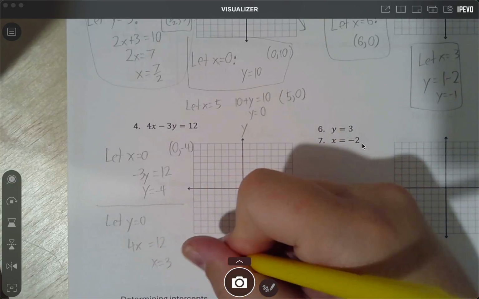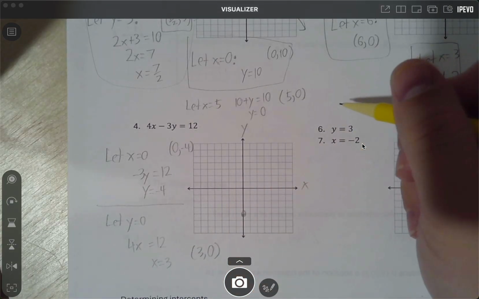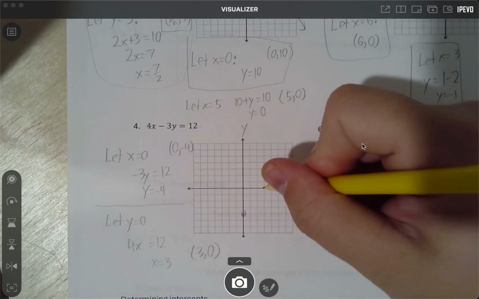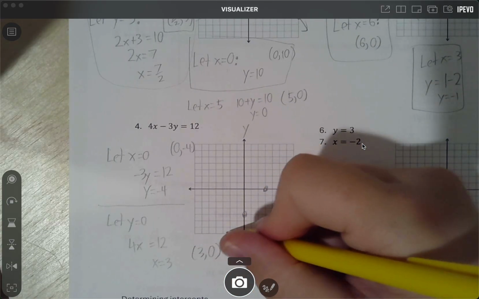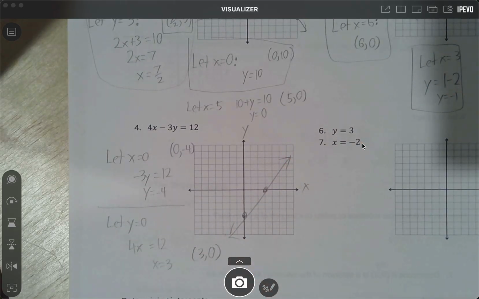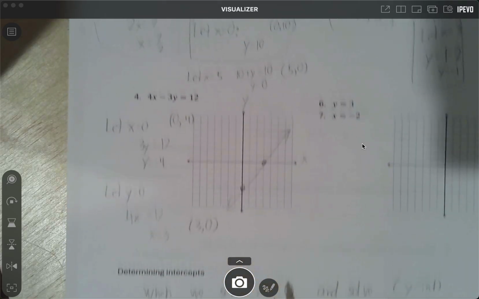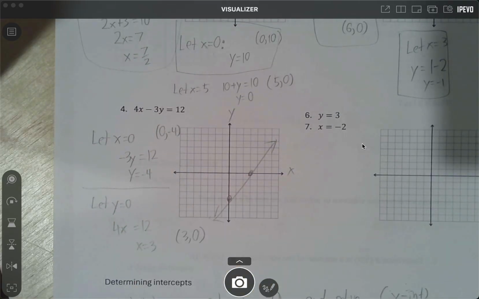So now I have the point, careful about the order, 3, 0, x goes first, then y. So 3, 0 is right here. And now I've found my line, and that didn't take too much effort. So determining intercepts is super easy in what we call standard form. Again, I'm kind of jumping ahead, but we'll see this in more examples anyways.